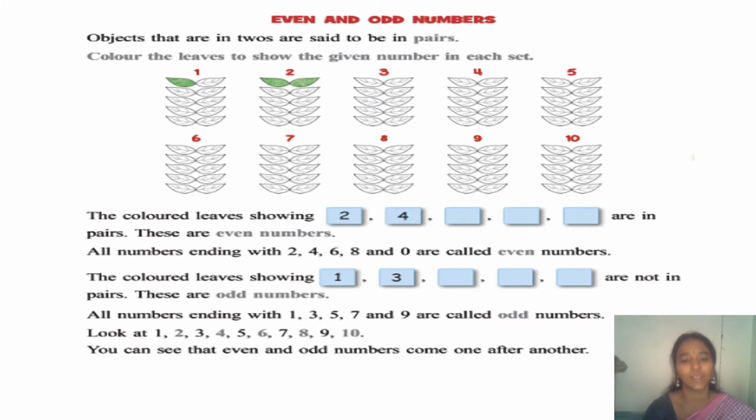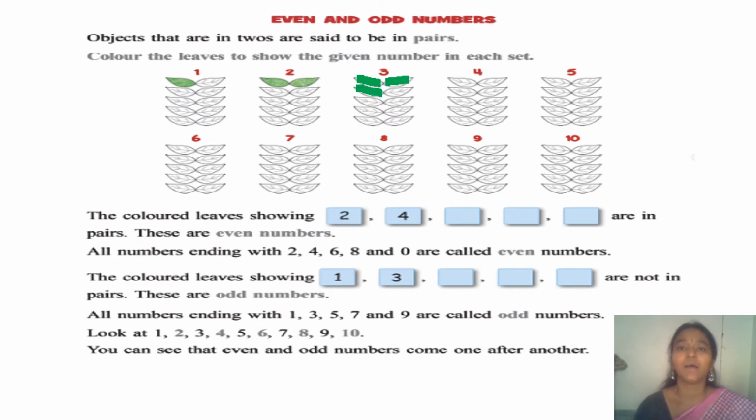Just see. Now see here, under one, one leaf is colored green, right? And under two, the two leaves are colored green. Now under three you have to color three leaves, like 1, 2 and 3.